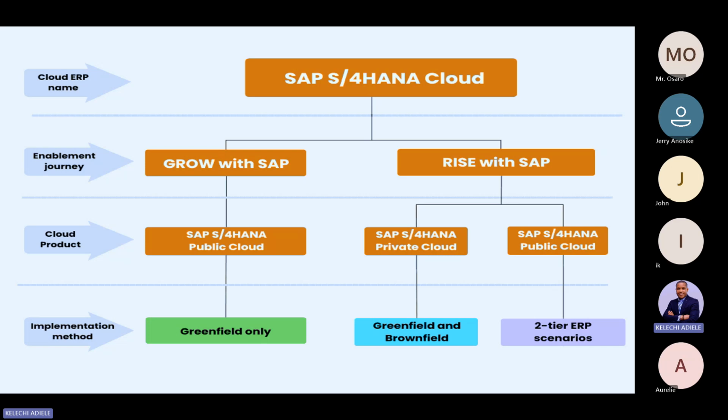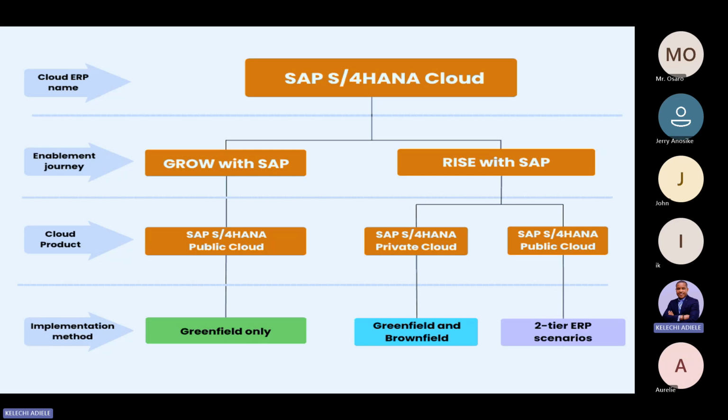Why we're doing this is to introduce you to the system first. You need to understand the system, you need to understand the deployment approach, you need to understand the implementation method, you need to understand the product. So these are things you need to get familiar with, because if you have worked in SAP, you should at least understand what product you used, what implementation method you used.